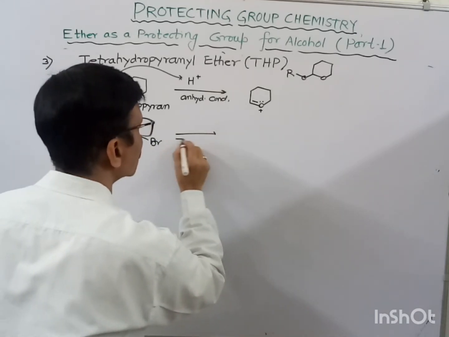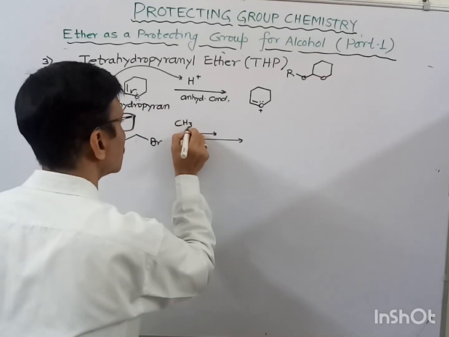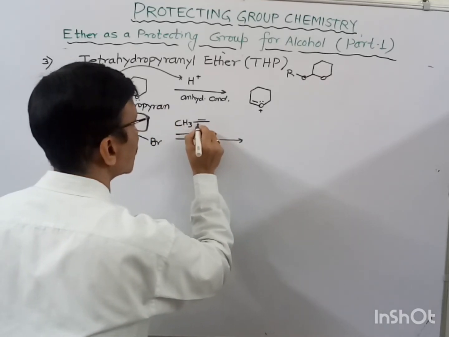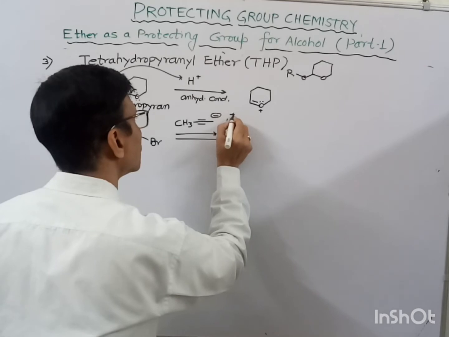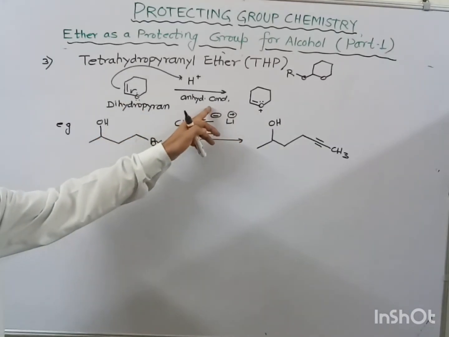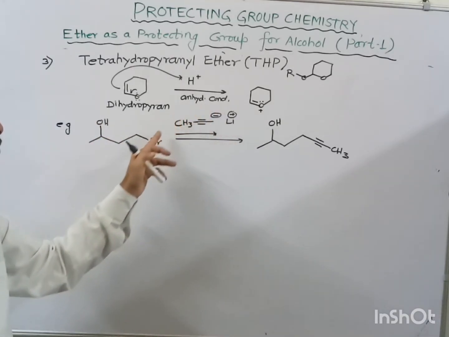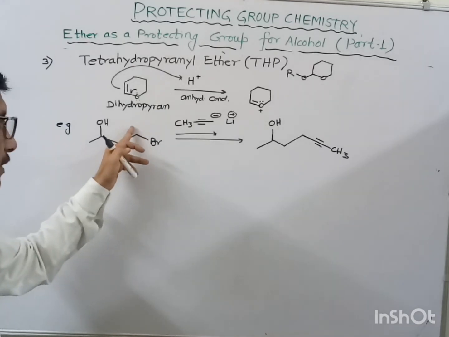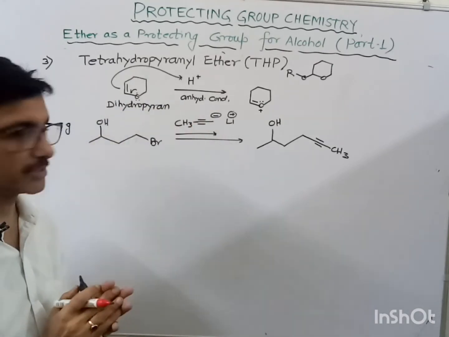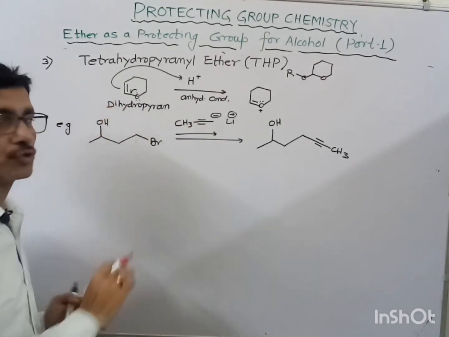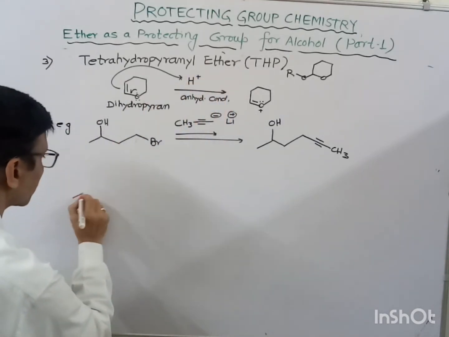Suppose this has to be converted into this. First of all, this will act as a base and it can abstract the acidic hydrogen, and then it may act as a nucleophile to add over here via this SN2 reaction. So as this acid-base reaction is fast, as I told you, this OH should be protected.